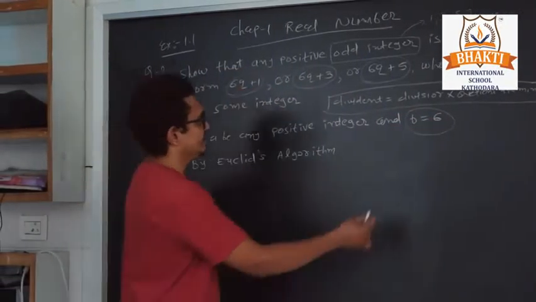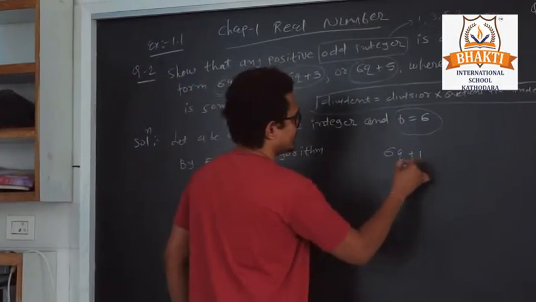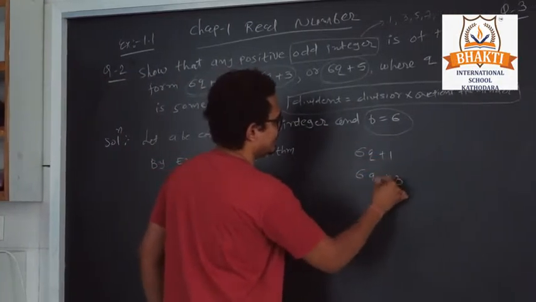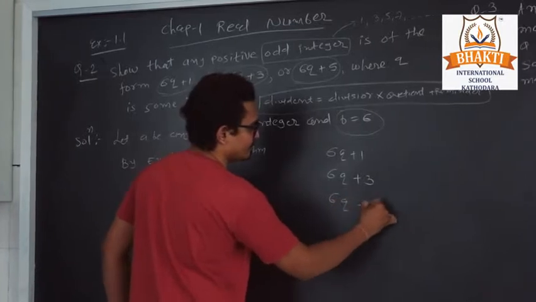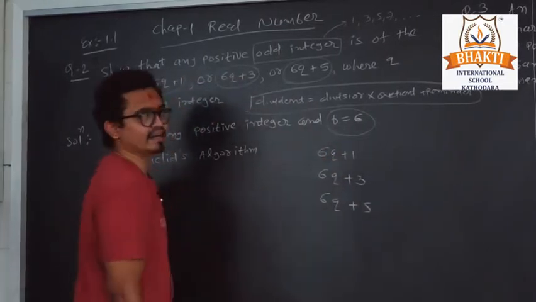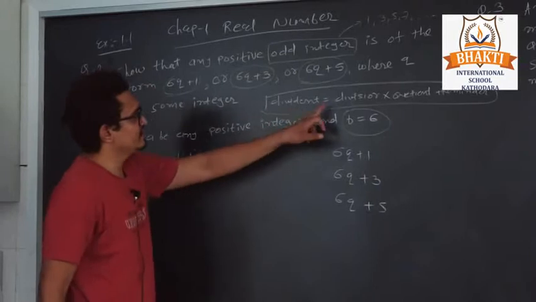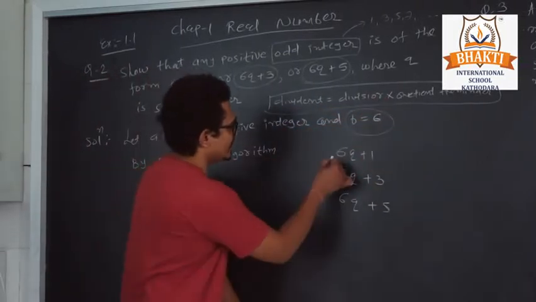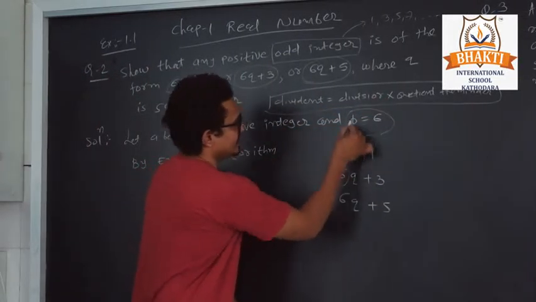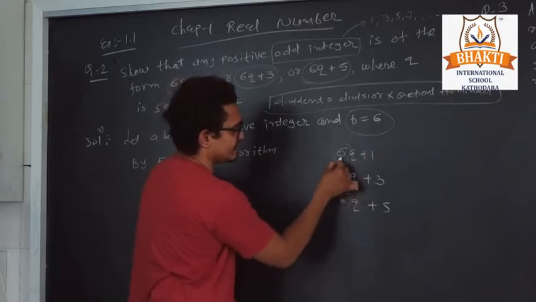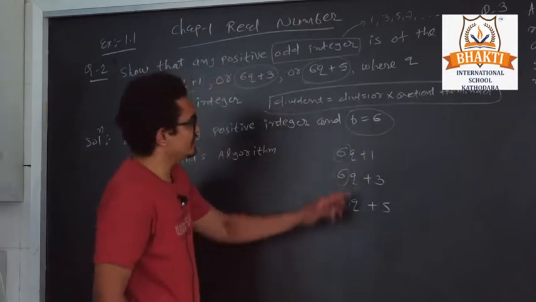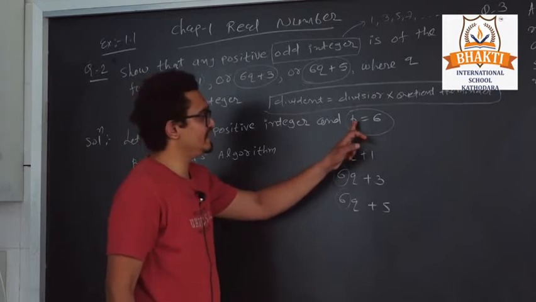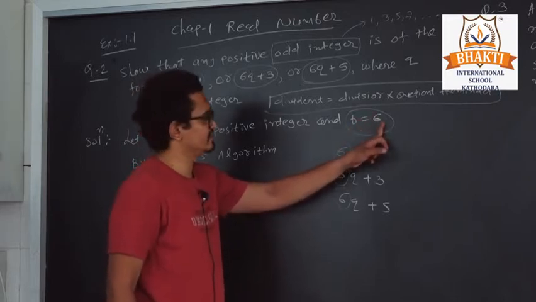Here they are saying that any positive integer will be in that form. If we compare with our formula, divisor into quotient, then each time you can see that the divisor is 6, 6, 6. That's why we can take b is equal to 6.